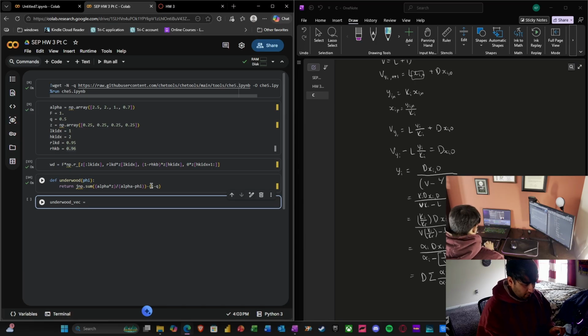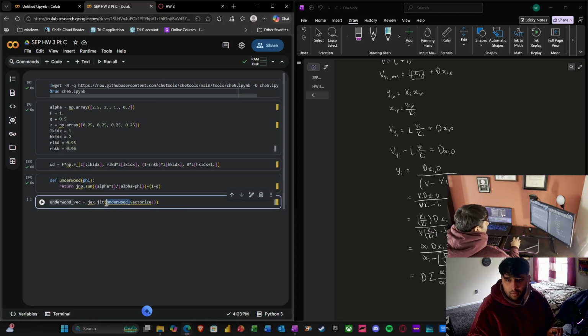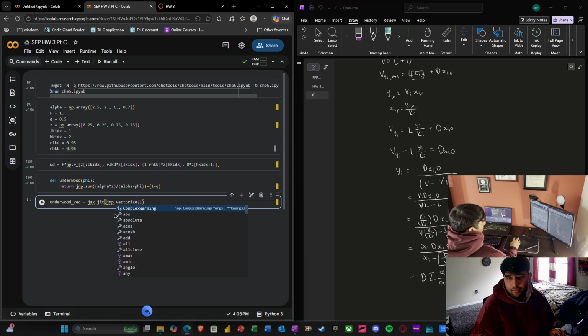So we're going to have our jax.jit function, and we're going to use jnp dot vectorize.